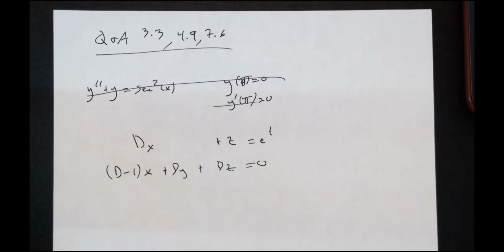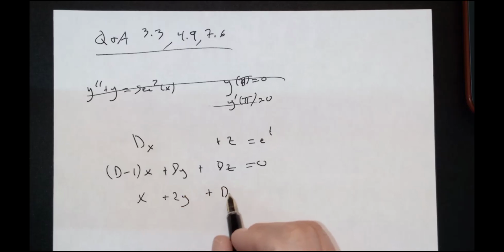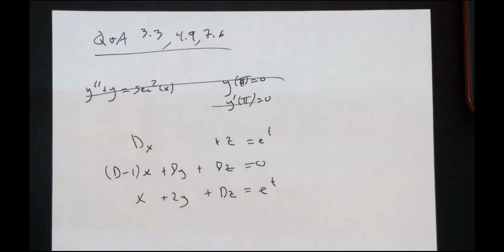And then x plus 2y plus dz equals e to the t again. Okay.